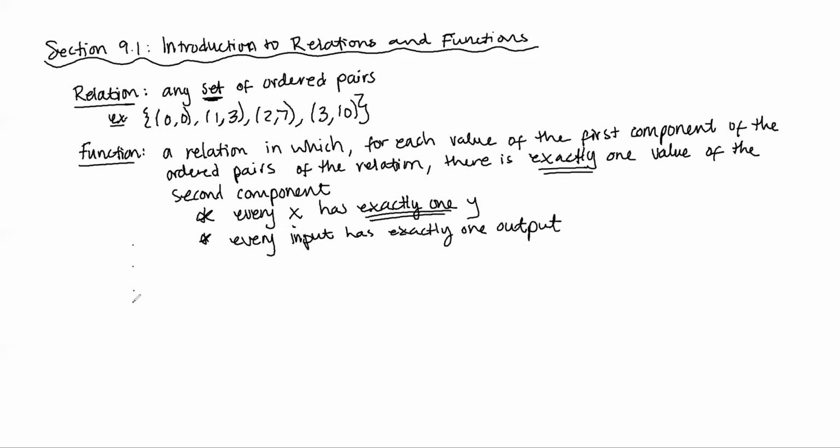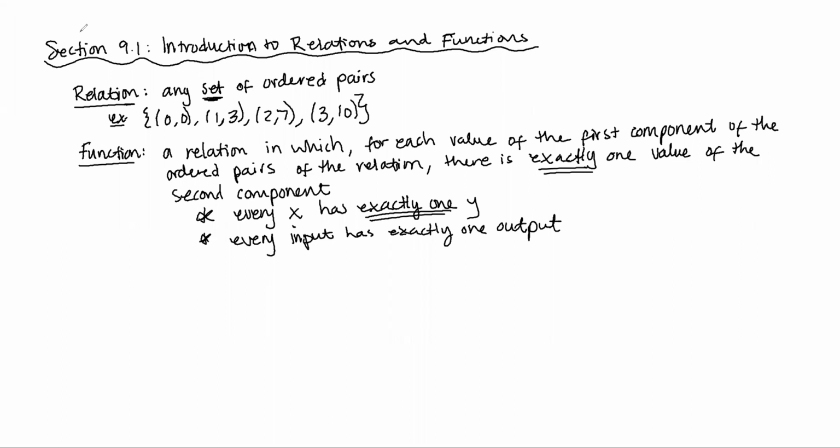So that Coke button has exactly one output, and that should be Coke. That would be a function. That means the vending machine is functioning properly. If it were not, sometimes you would get other sodas that are not Coke. That's a real life example of a function, besides ordered pairs.